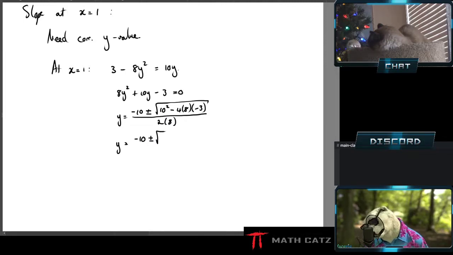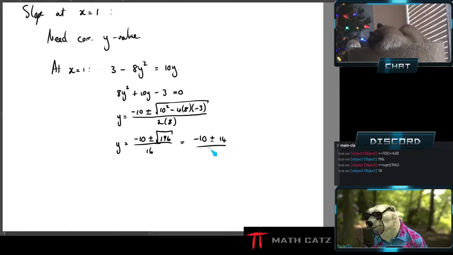It's 100 plus 4 times 8 times 3. 196. Ooh, 196. Is that 14 squared? Square root of 196 is 14. So that is negative 10 plus or minus 14 over 16.